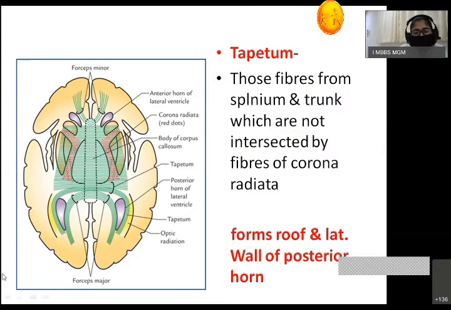So these structures form the boundaries and come in relation with different parts of the lateral ventricle. We'll see in detail in the lateral ventricle. Now remember, tapetum are those fibers from the splenium and trunk of the corpus callosum which are not intersected by the corona radiata, and it forms the roof and lateral wall of the posterior horn of the lateral ventricle.